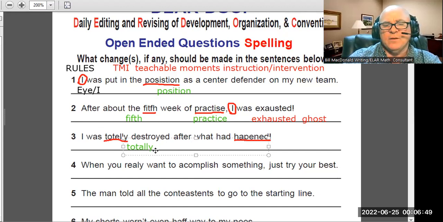Totally. I need an ally to help me so that we can totally crush the competition. Think of cool or corny things like that that will help your kids.